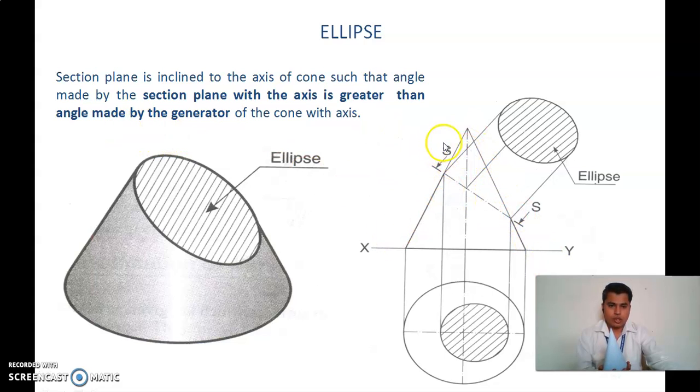These are the two extreme generators that I am showing you. So this angle is more than this angle. If we cut this cone, this triangle, in this fashion, we are getting an ellipse.